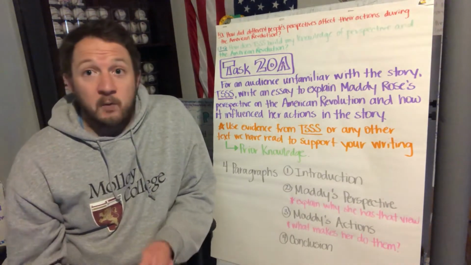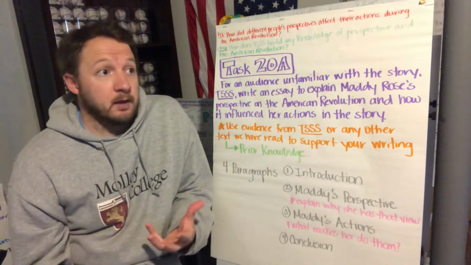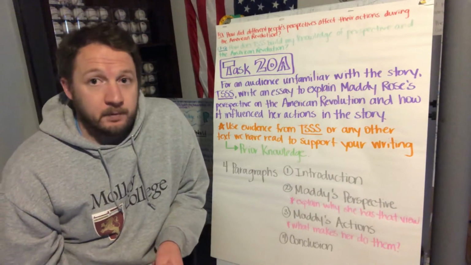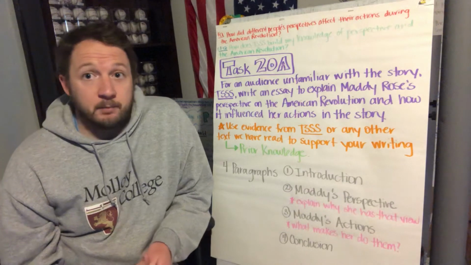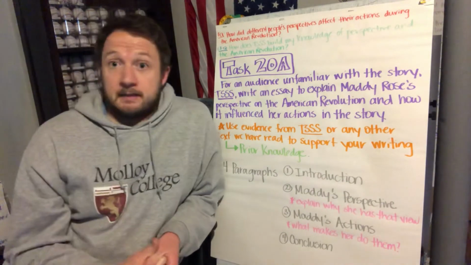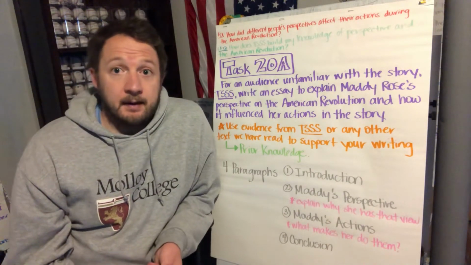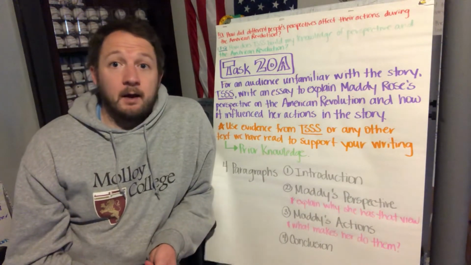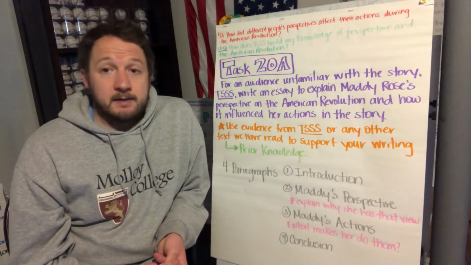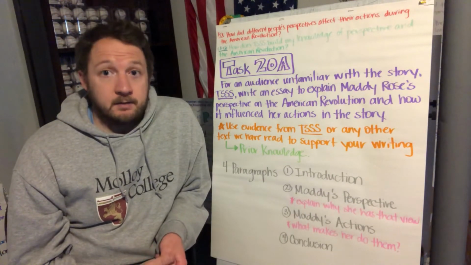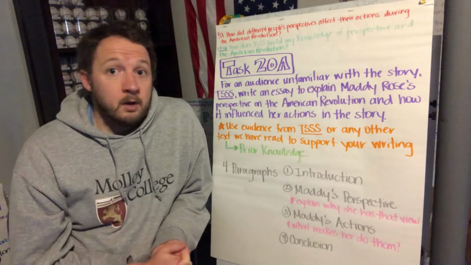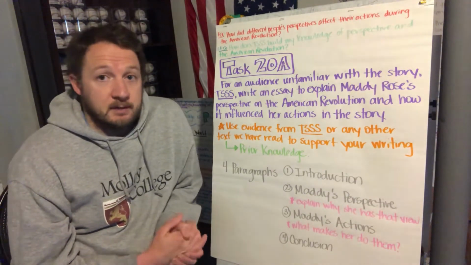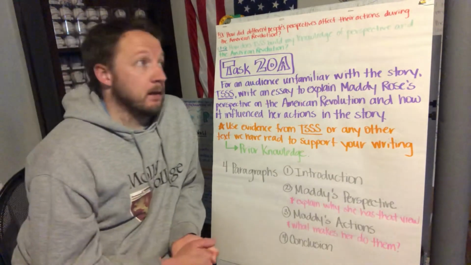To this point, we've been gathering evidence to build your knowledge on the American Revolution and perspective, because we've been studying perspective throughout 3 texts so far in this unit, and starting next week or even this weekend, we will be looking at another text that has to do with the Revolutionary War. So we're just going to keep right on trucking, but on to what today is all about, Task 20A.